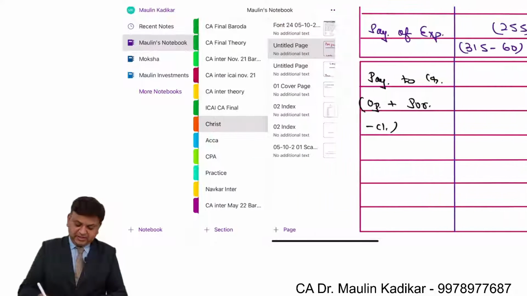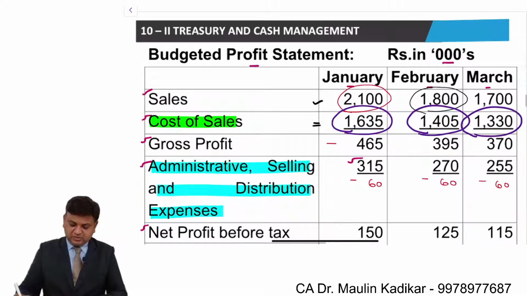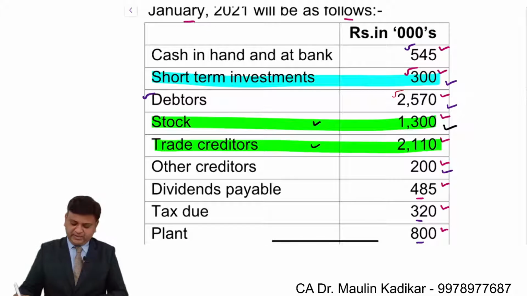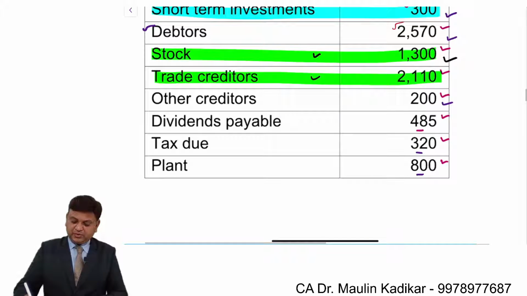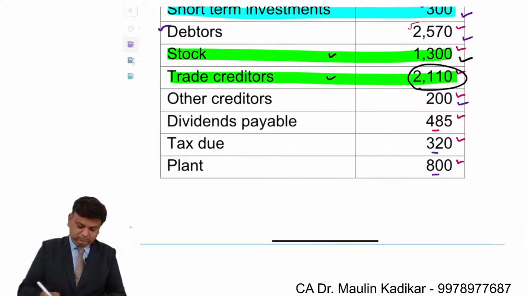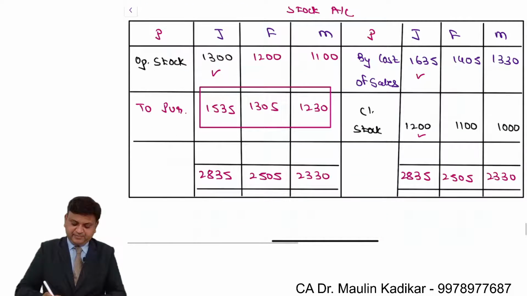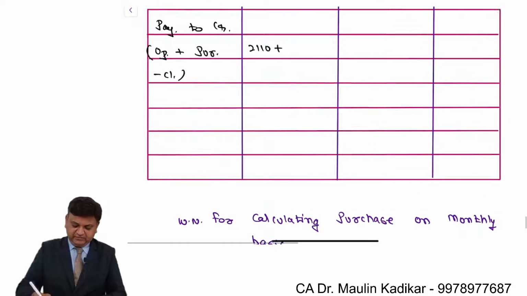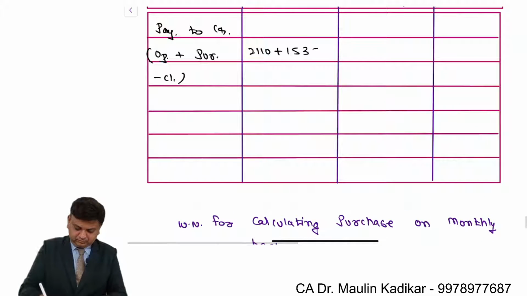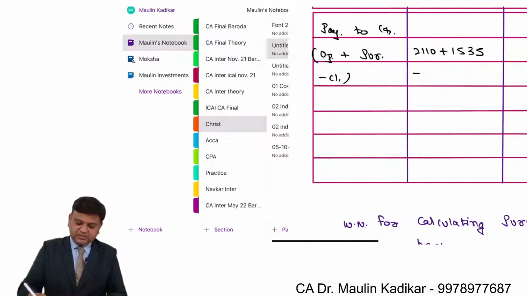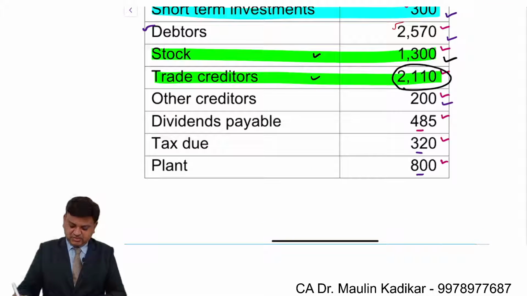What is the opening creditors? You can see that the opening creditors is provided as 2110, plus what is the purchase, 1535, minus what is the closing creditors?